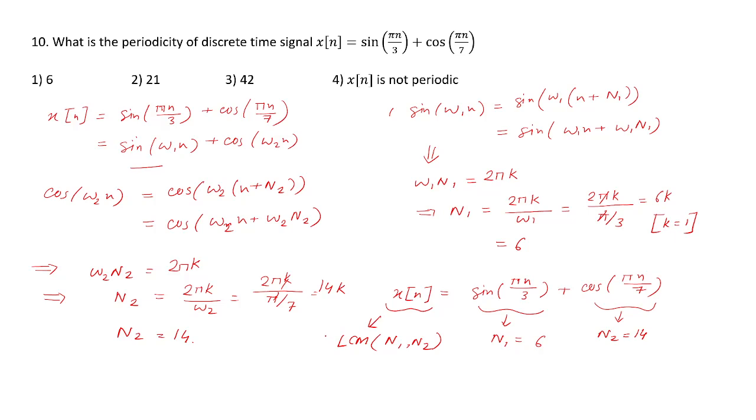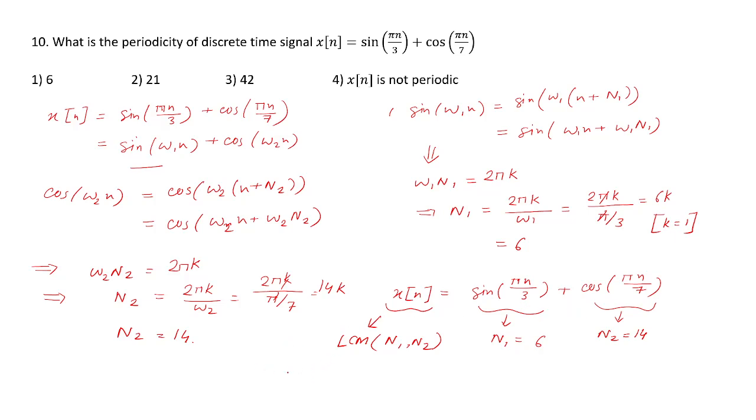LCM ensures a certain period which satisfies both sin(pi n by 3) and cos(pi n by 7) at some multiples of N1 and N2. But it is important for x[n] to be periodic that this period should satisfy their individual periodicity also.